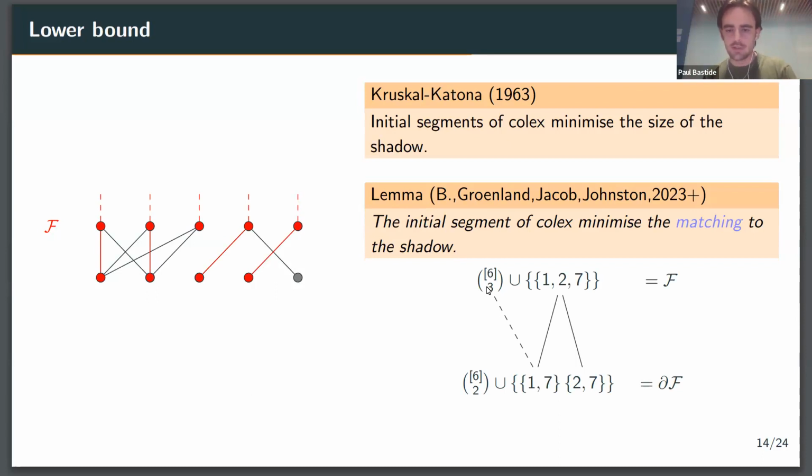So it's quite easy to see, for example, in this example, take all the sets of size 3 that contain 1 up to 6, and you take 1, 2, 7. This is an initial segment of colex. And the shadow is all the sets of size 2 that contain 1 up to 6, and 1, 7, and 2, 7. And you can see that, of course, you cannot have edges to both 1, 7 and 2, 7 because they are only included in 1, 2, 7, and not included in the previous sets.